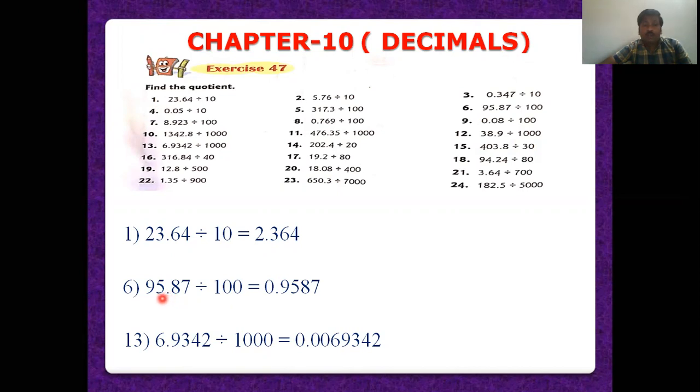Now count the 1 digit and the 2 digits before this decimal point. We get 0.9587. You can also write this answer in this way, .9587. It is not necessary to write the zero before the point.